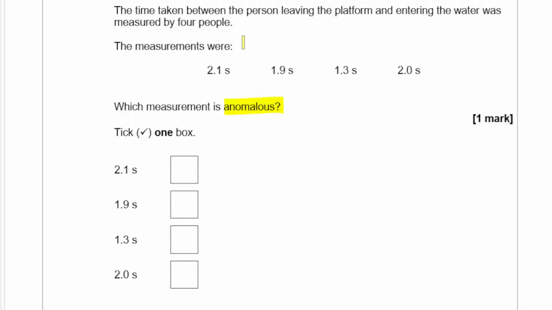Any value that you take as a measurement which might look as incorrect. So as you can see, 2.1 seconds, 1.9 and 2 seconds, they're all very close to each other. And this 1.3 second looks like is the anomaly because it's way too low compared to the others. So the answer is 1.3 seconds.